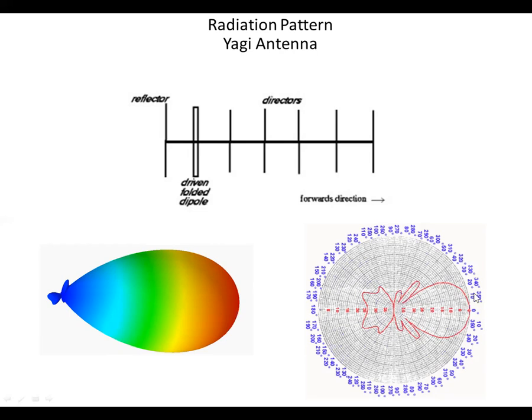So this is the main lobe on a directional antenna, and you will get a back lobe as well. And the more elements, the less the back lobe, because you get more redirection of the energy to the forward lobe. So there again, it's another trade-off. You can receive and transmit off the back end.